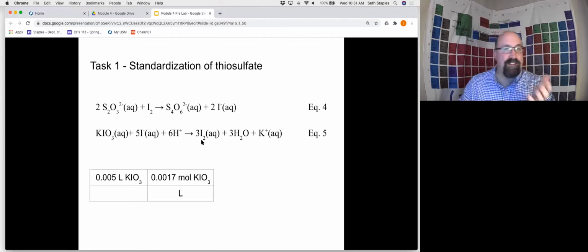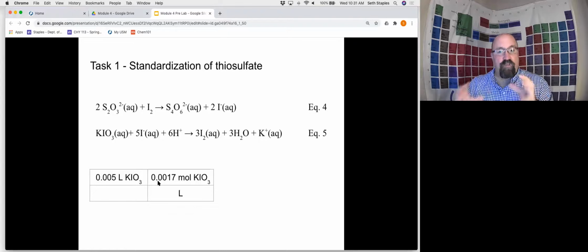In our experiment, we're starting with 5 milliliters of KIO3, so 0.005 liters of our KIO3. Our lab technician does a great job in making up a very precisely known concentration of the KIO3. So we're going to use 0.0017 molar KIO3.